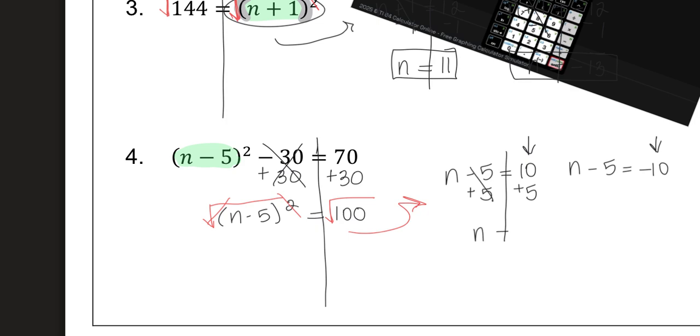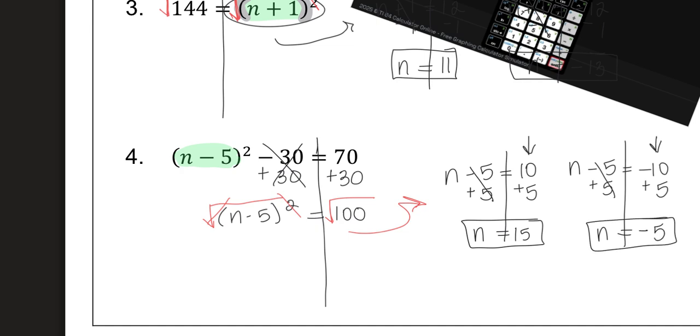So n equals 15. That's my first answer. Or solve the same way over here, plus 5, but now we have n equals negative 5. Because here we had 10 plus 5, which is 15. Here we have negative 5 plus 10, which is negative 5. So be very careful when you're solving these. It can be a little tricky, all right?